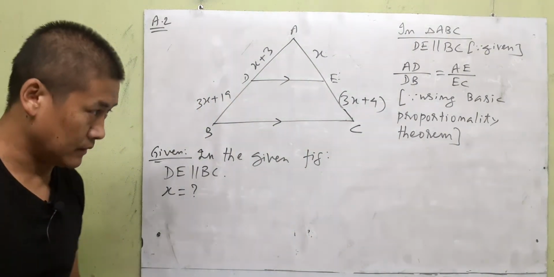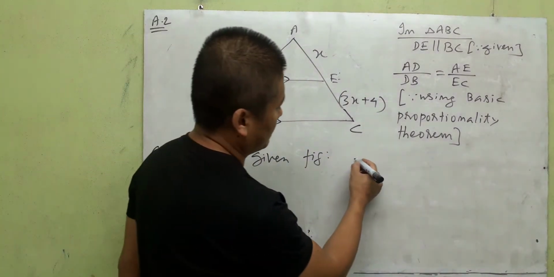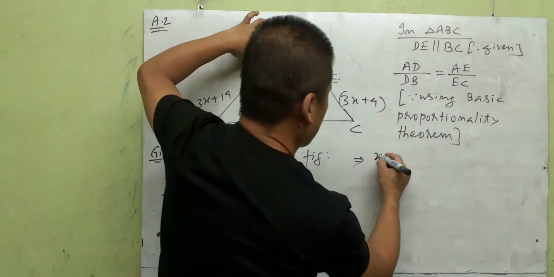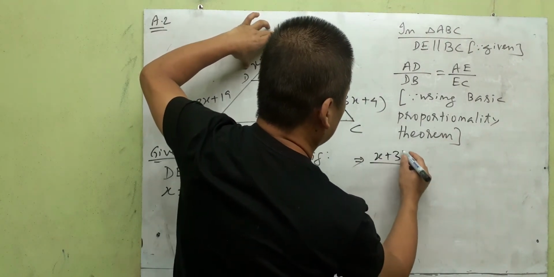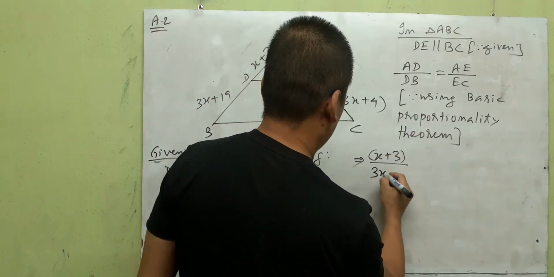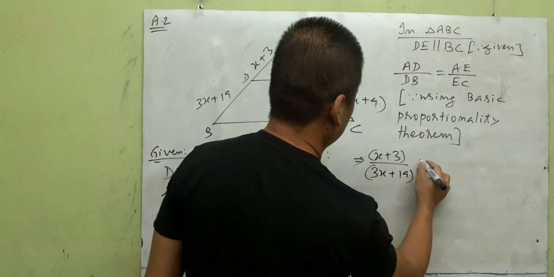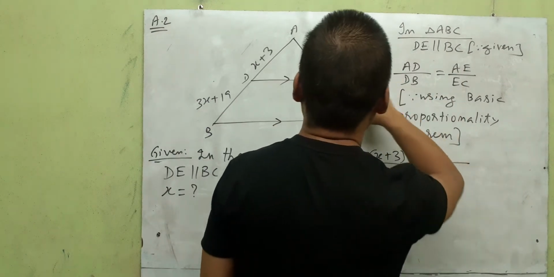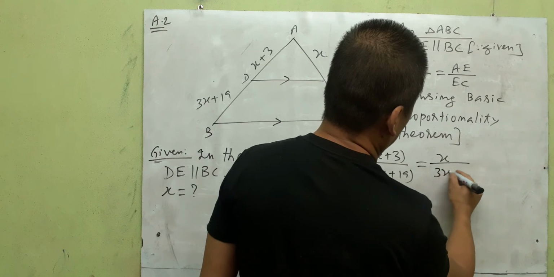Okay, so once we're done with that, then that implies AD, if you see here, is x plus 3. So we write that by, if you want, bracket, otherwise it's okay, DB is 3x plus 19 is equal to AE here, x divided by 3x plus 4.